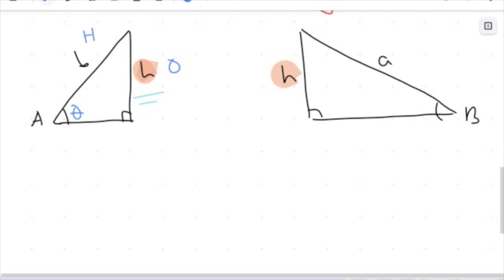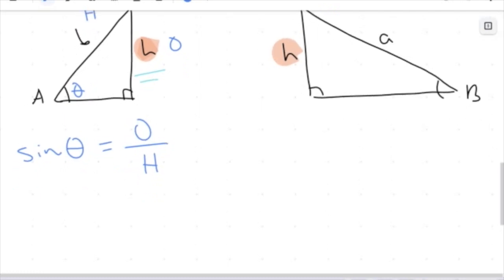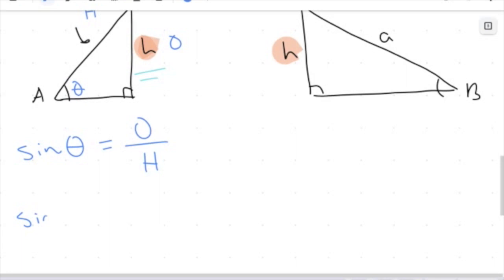So the trig ratio that links these two together is going to be sine. So sine of theta is going to equal the opposite over the hypotenuse. In terms of what we've been given for our pronumerals, that's going to be h over b.